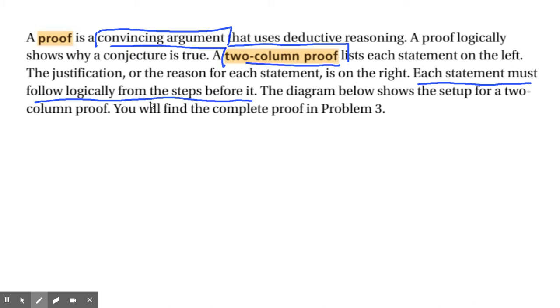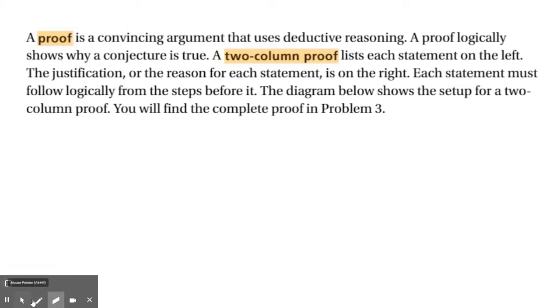We're building an argument step by step with justification. The justifications are your reasons in your proof. So we have a statement column and a reason column. Every statement needs a reason, a justification of why you say it. That's why I said from the get-go, vocab is very, very, very important.